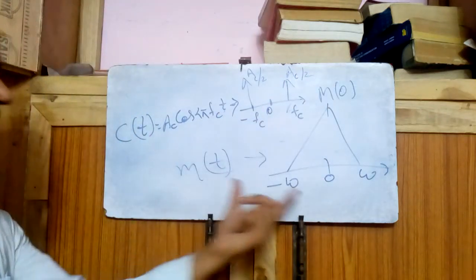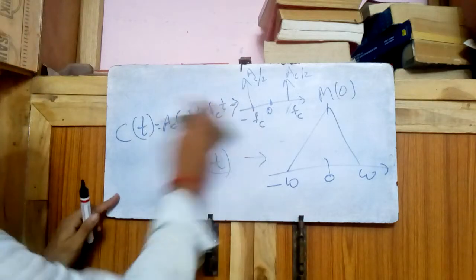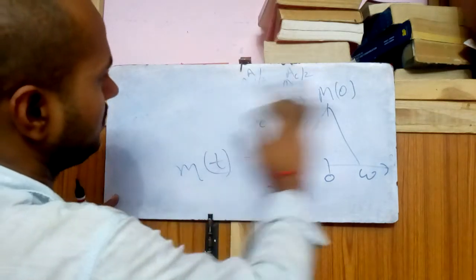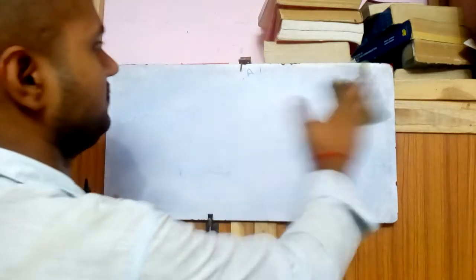So this is m(t), this is c(t), and by combining both of these, the amplitude modulated signal will have a spectrum like this.